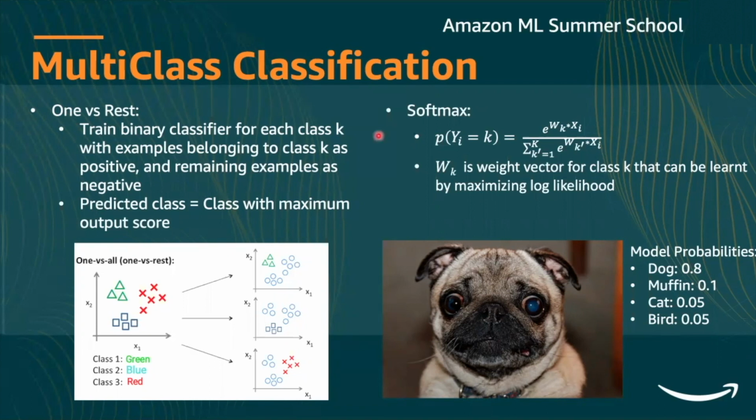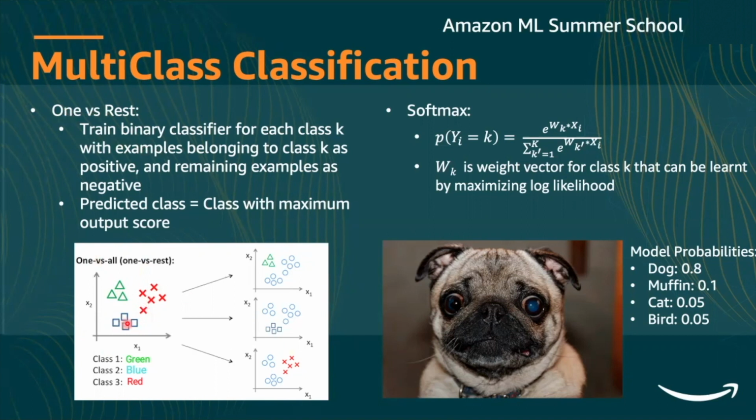So there are two generally used scenarios for multi-class classification. Number one is one versus the rest. In this case, let's consider this figure. There are three different samples of three different classes. One is a triangle, one is a square, one is a cross. So what does your intuition say?